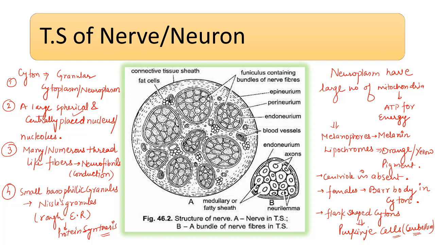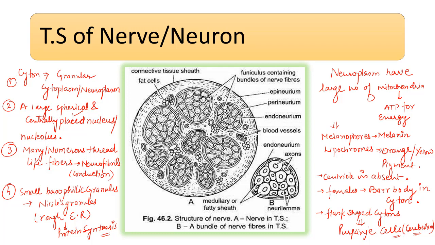Nissl granules, which help in protein synthesis. Neurons have a large number of mitochondria, which provide energy in the form of ATP to help in impulse conduction. The neuroplasm may consist of some melanophores and lipochromes. Melanophores have melanin pigment and lipochromes have orange or yellow pigment.